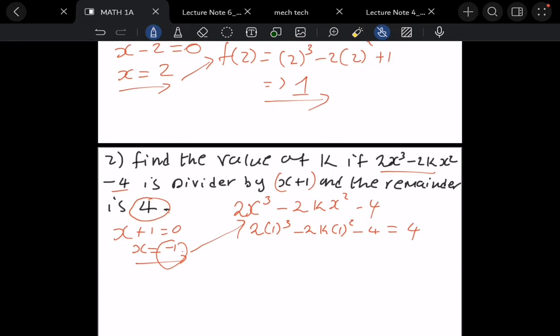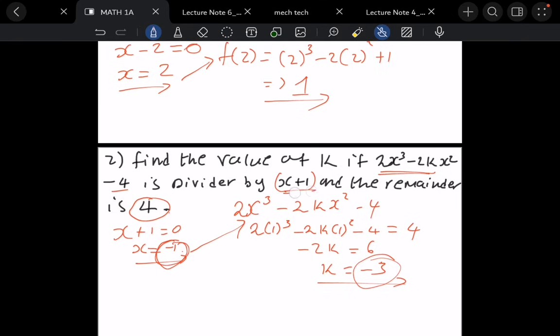This is negative 2, and then going to the other side, I'm going to have negative 2k equals 4 plus 4 minus 2, which is 6. And then divide both sides by negative 2, k is equal to negative 3. So your value of k here, when substituting negative 1, is going to be negative 3.